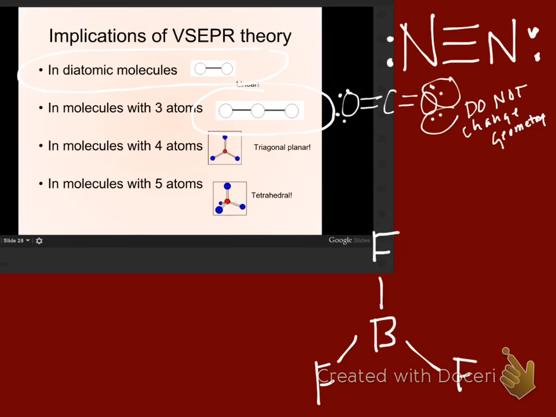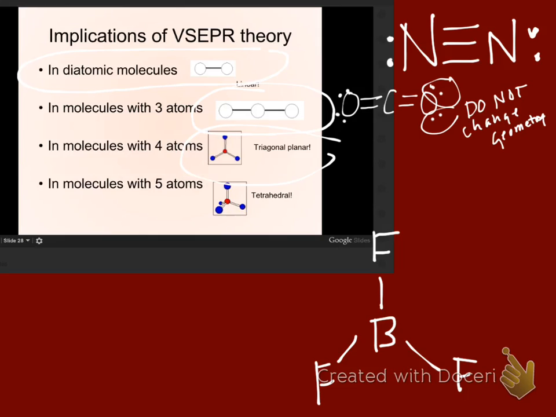Okay, so we get a central atom with three things attached. If you look at this thing flat on, they're on the same plane. If you look at this on the edge, there's no deviation from the flat. This is essentially two-dimensional. Do we want to pass that around? And that's what's called trigonal planar. It's a triangle, but it's all on the same plane.